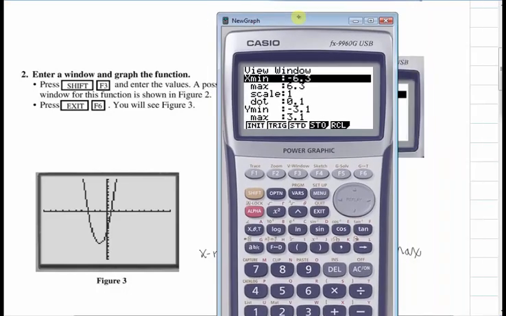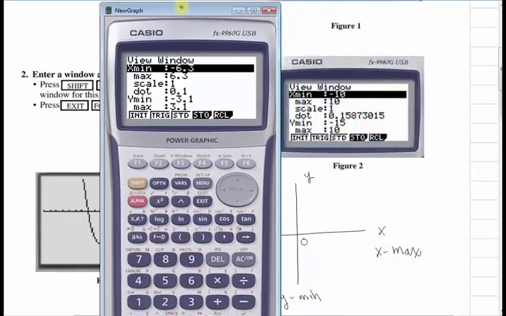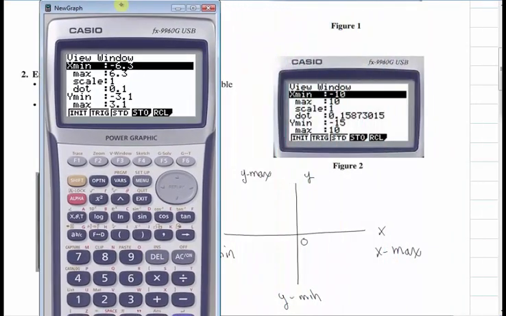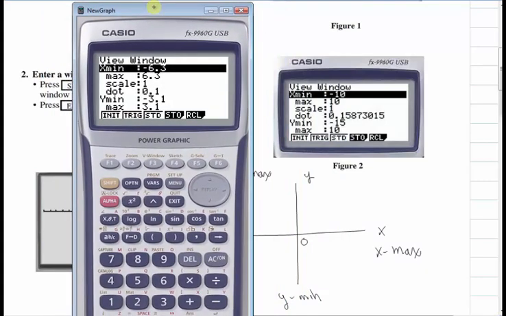So what we want to do for this particular graph is set our x minimum at -10. So we're going to type in -10. Go to your negative button, which is at the very bottom of your keypad, and then punch in 10. Oh, sorry, execute first. Then I would like you to have an x max of 10, so type in 10.